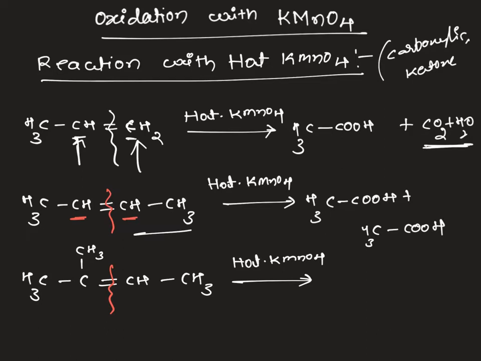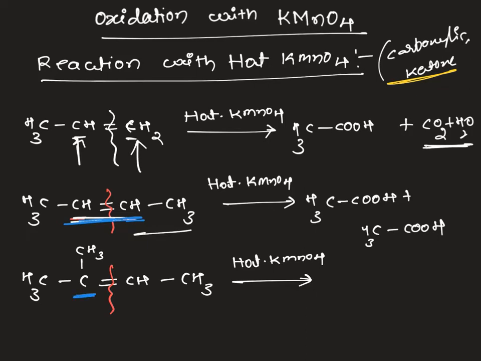Now what product is formed? Here you have to look at the formation of ketone. Whenever you are writing with hot KMnO4, you look at the double bond and see whether the double bonded carbon has hydrogen or not. If hydrogen is present, it is converted into carboxylic acid. If hydrogen is absent, it is converted into ketone.